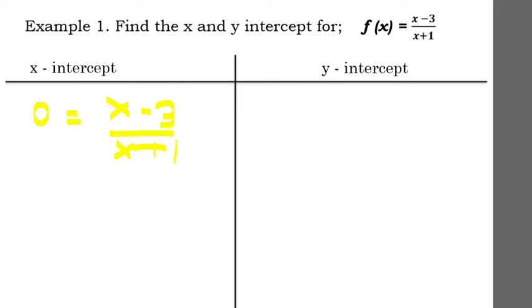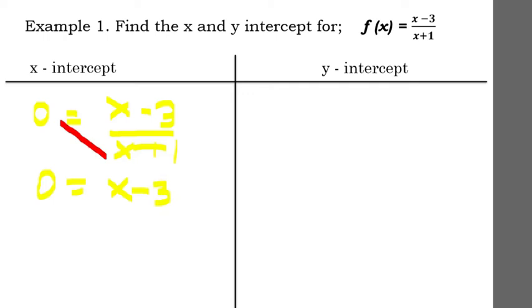To get the value of x, we have to cross multiply, or multiply x plus 1 times 0. If we multiply x plus 1 times 0, the product is also 0, equals x minus 3.